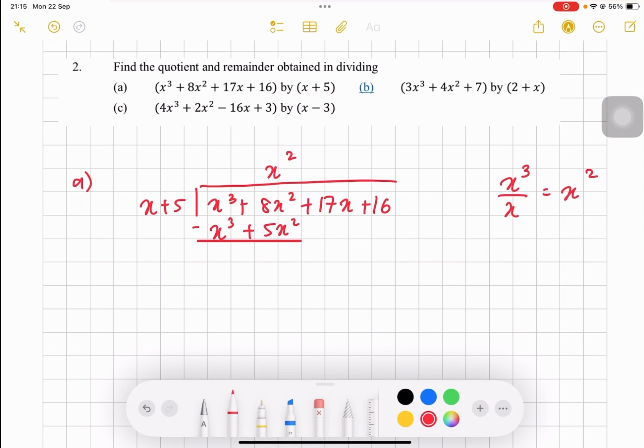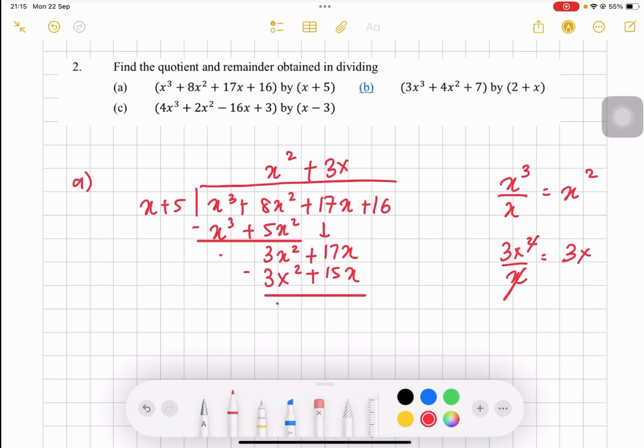Minus, 8 minus 5, 3x squared, bring down 17x, and then 3x squared divided by x, you get 3x. 3x times 5 is 15x.